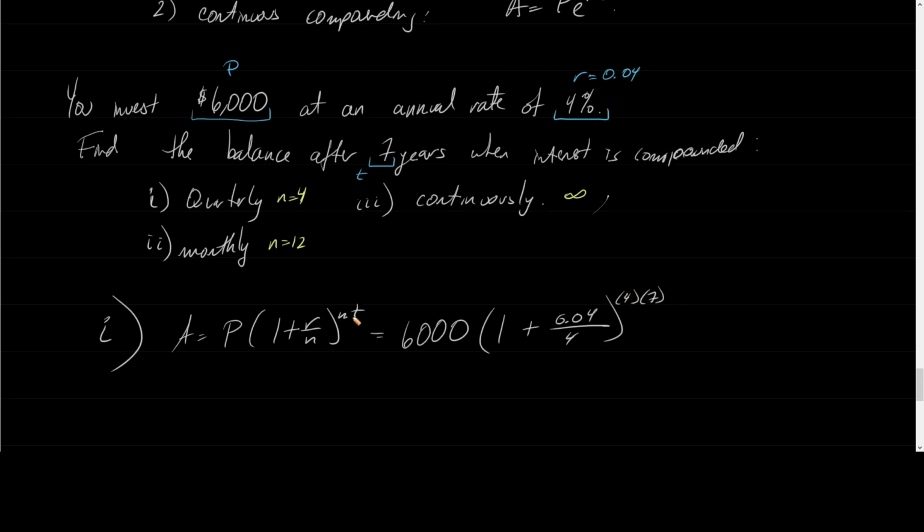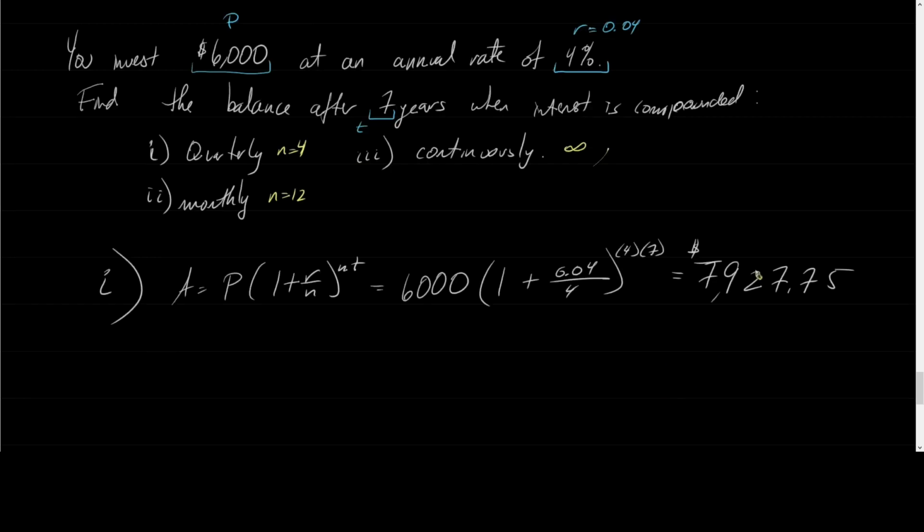N is 4, T is 7. If you plug this into the calculator, we end up with something like $7,927.75. So after 7 years, if you compound it 4 times per year, we end up with that much, $7,927.75.